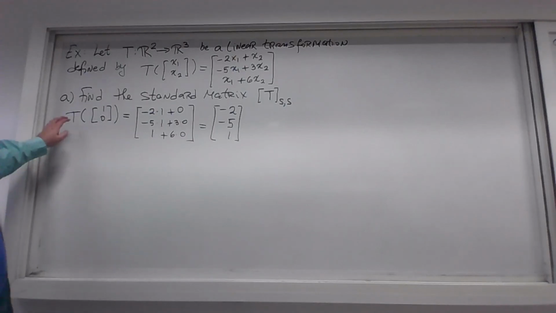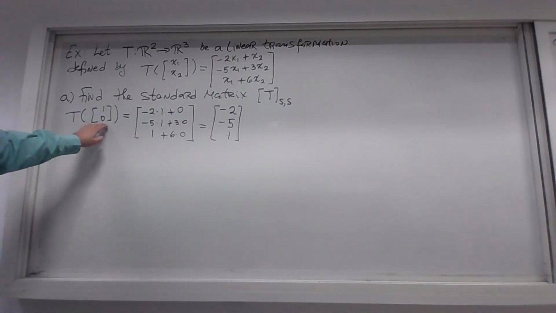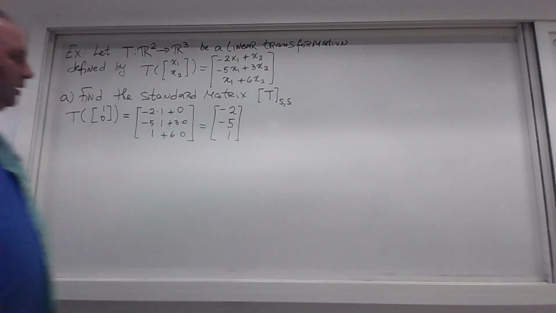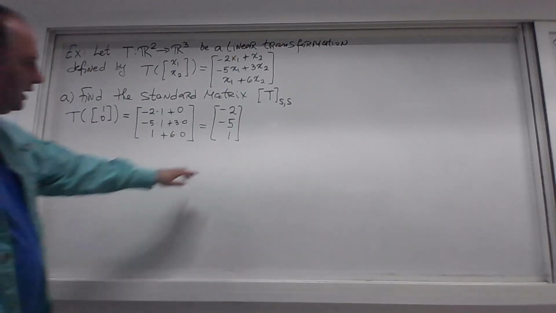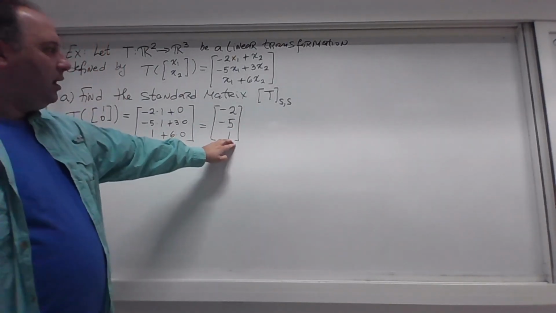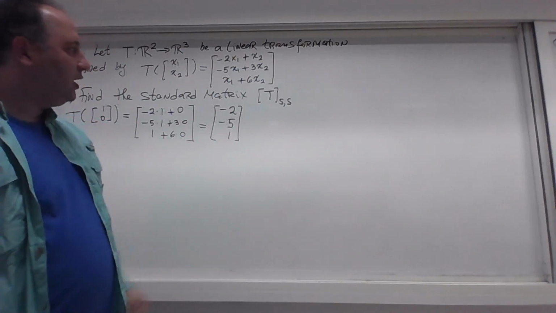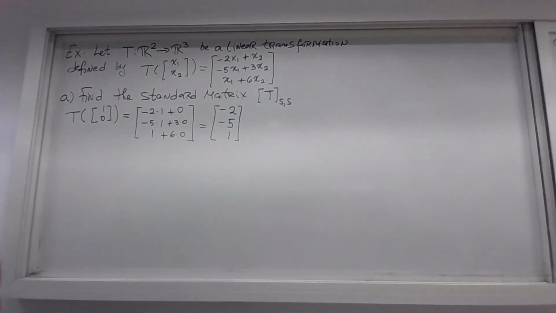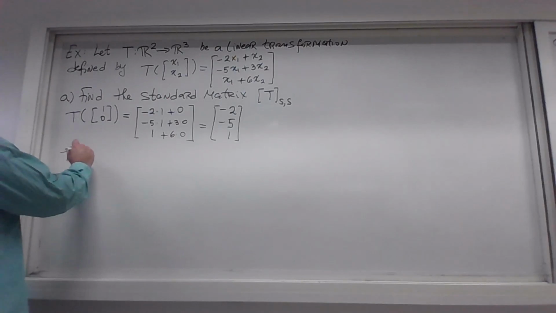So what happened is the linear transformation transformed the input, the basis vector from R2, so this is an object, into another object which is a vector in R3. We know that the vectors in R3 are equal to the vector of their coordinates in the standard basis of R3. Similarly for the vectors in R2, they are equal to their coordinate vector. We know that for the standard basis, it's the same thing.